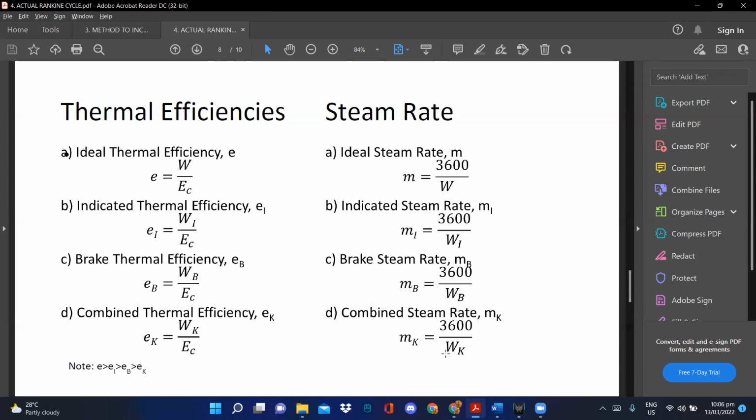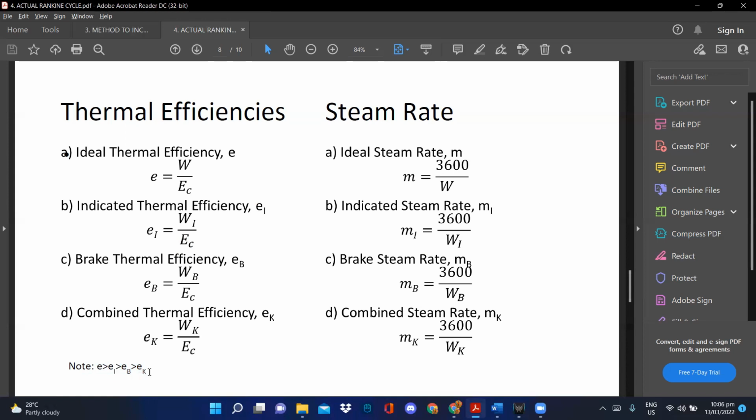And for your combined steam rate, we have your combined work. Please take note that the ideal efficiency is greater than your indicated efficiency, and your indicated efficiency is greater than your brake efficiency, and your brake efficiency is greater than your combined thermal efficiency. So these cannot be interchanged.